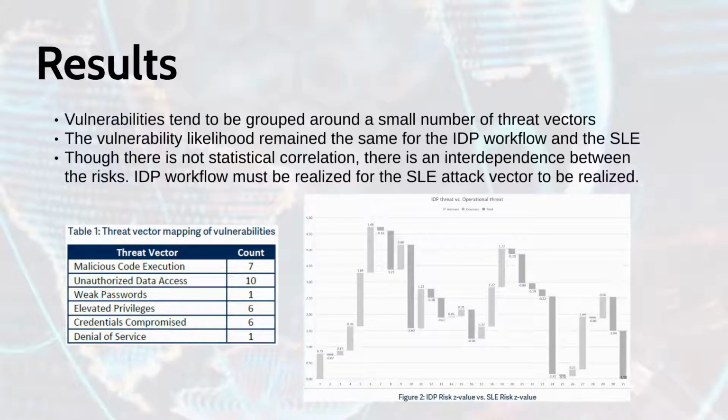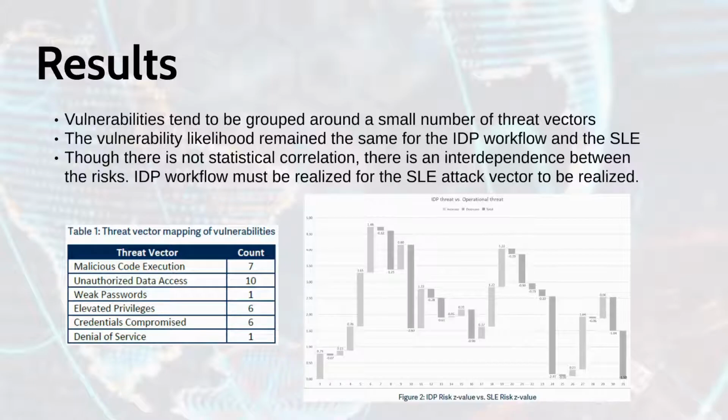The vulnerabilities and associated risks were mapped to common cybersecurity threat vectors. The results of the threat vector analysis show that the vulnerabilities tend to be grouped around a small number of threat vectors. The data sample provides multiple examples of each type of threat vector. An analysis of the vulnerabilities indicates that the vulnerability likelihood remains the same for the IDP workflow and the SLE.